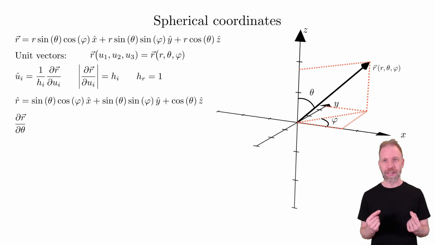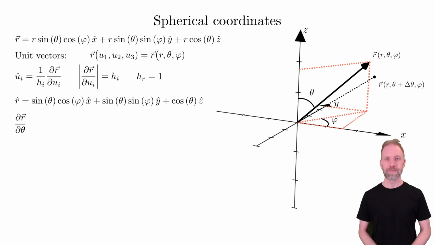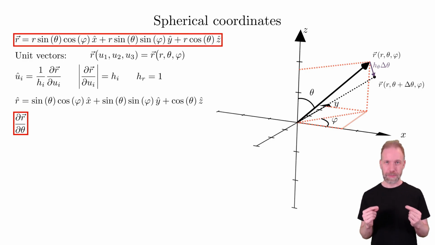Next is the partial derivative with respect to theta. Here we take a small step in theta value, which gives the following new point. The actual length of the step is the scaling factor h theta times delta theta. Let's calculate the partial derivative directly from the position vector.